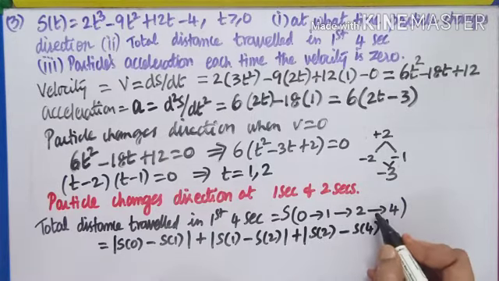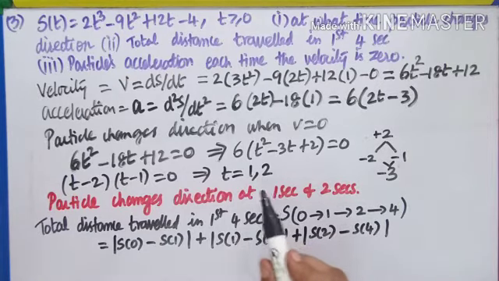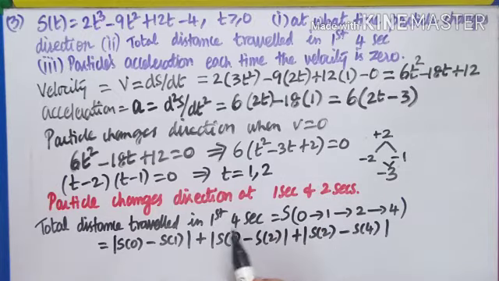Why we didn't put 3 in between? Changes direction only at 1 and 2. So 0 to 1, 1 to 2, 2 directly to 4 seconds. So I have to find out like this. Instead of S of 0 minus S of 1, you can very well put S of 1 minus S of 0. So put modulus and find the distances.